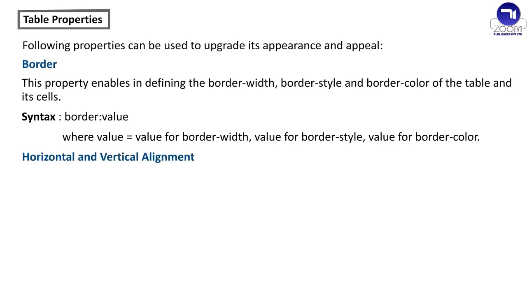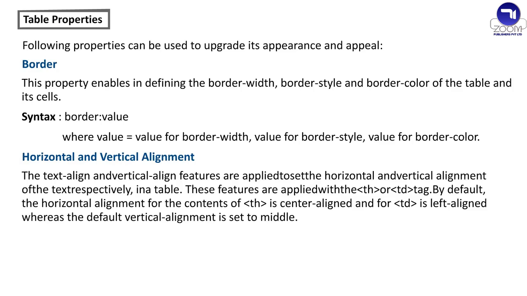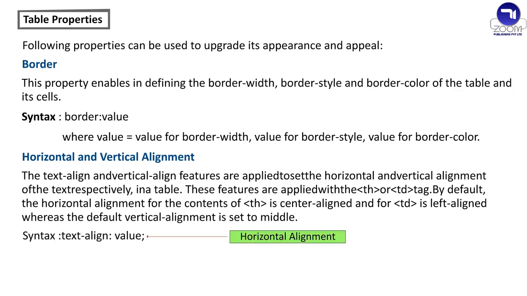Horizontal and vertical alignment. The text-align and vertical-align features are applied to set the horizontal and vertical alignment of the text respectively in a table. These features are applied with the TH or TD tag. By default, the horizontal alignment for the contents of TH is center aligned and for TD is left aligned, whereas the default vertical alignment is set to middle.